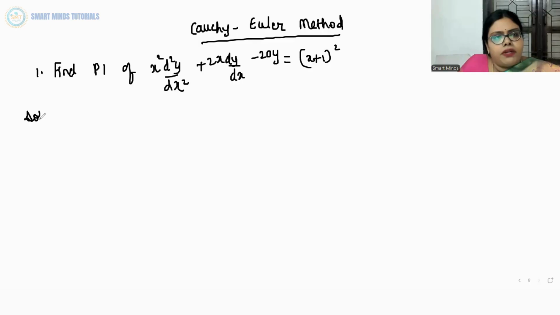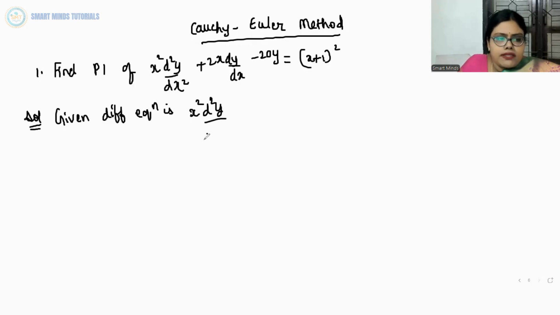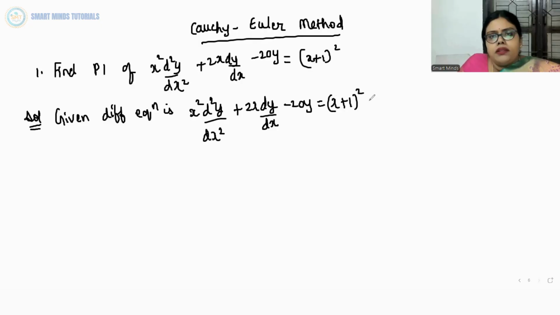So we will find the particular integral using the Cauchy Euler method. So first let us write the given differential equation. The given differential equation is x square d square y by dx square plus 2x dy by dx minus 20y is equal to x plus 1 whole square. This is equation number 1.